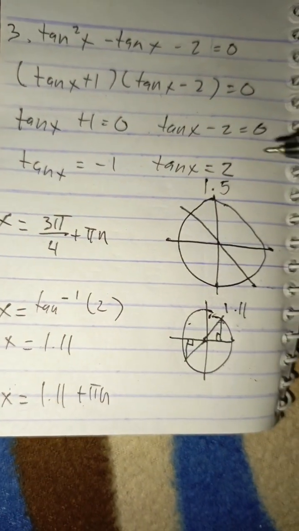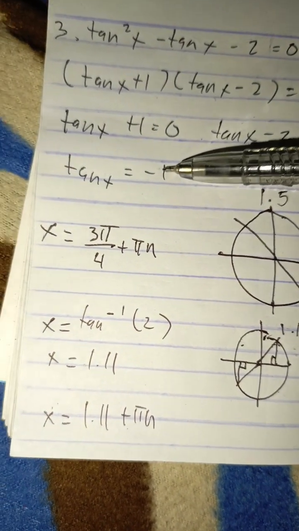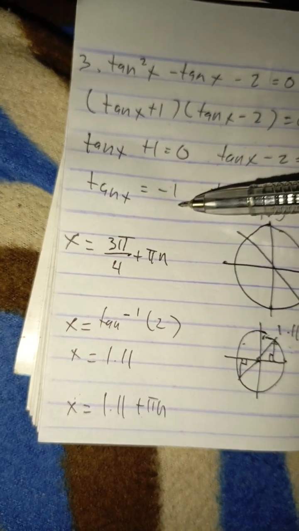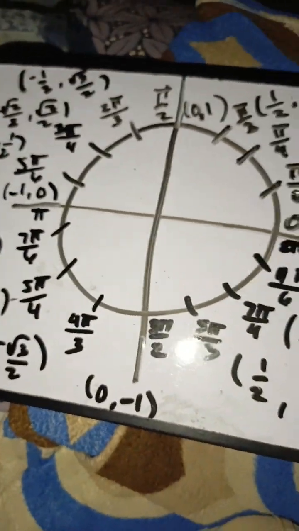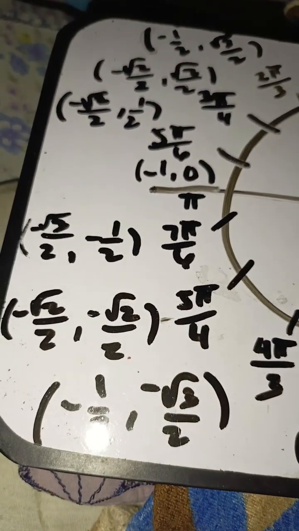Now, as we can see here, the first tangent x is equal to negative 1. If we can recall, tangent is equal to y over x. Now, let us look here in the table that we have.